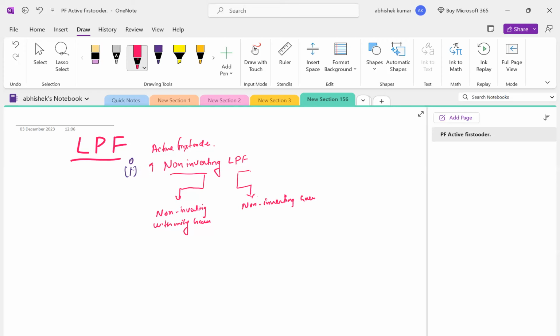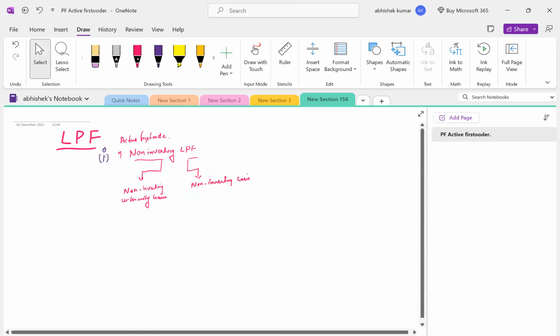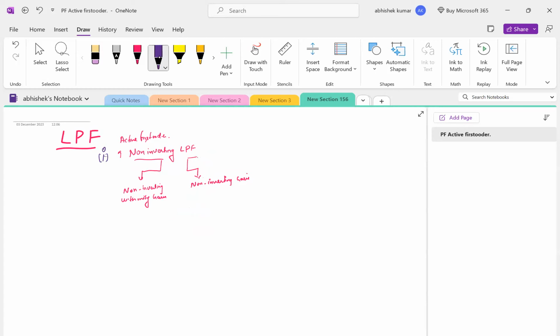I haven't specified whether we want non-inverting with gain or with unity gain, so I'm taking the simple one, non-inverting with unity gain. I will give you the circuit for the other one also. I don't know which is relevant for you.